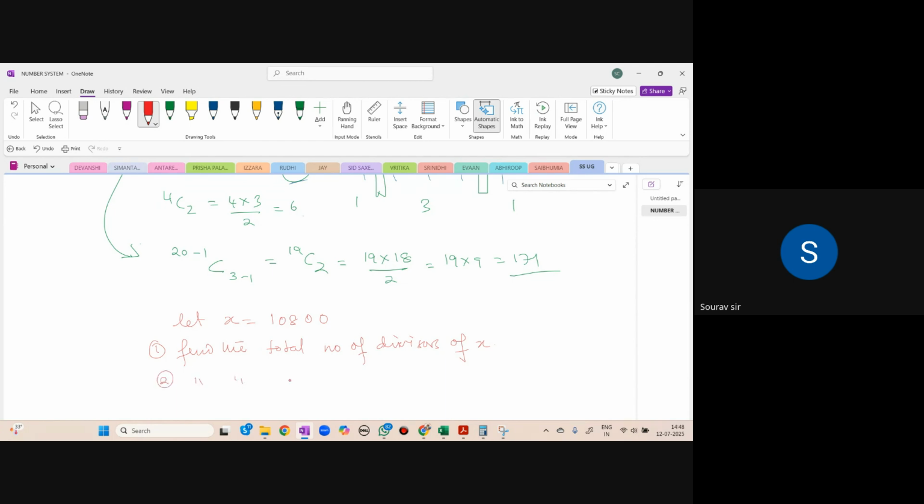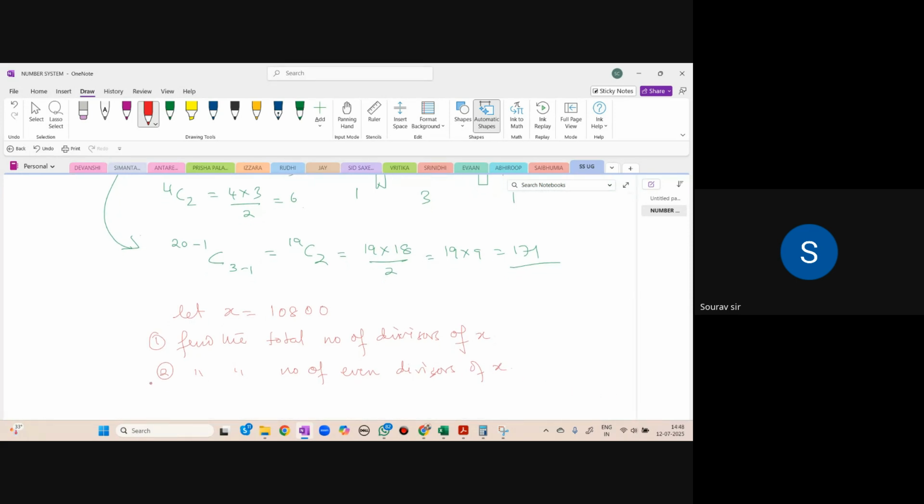Find the number of even divisors of x and find the number of odd divisors of x.